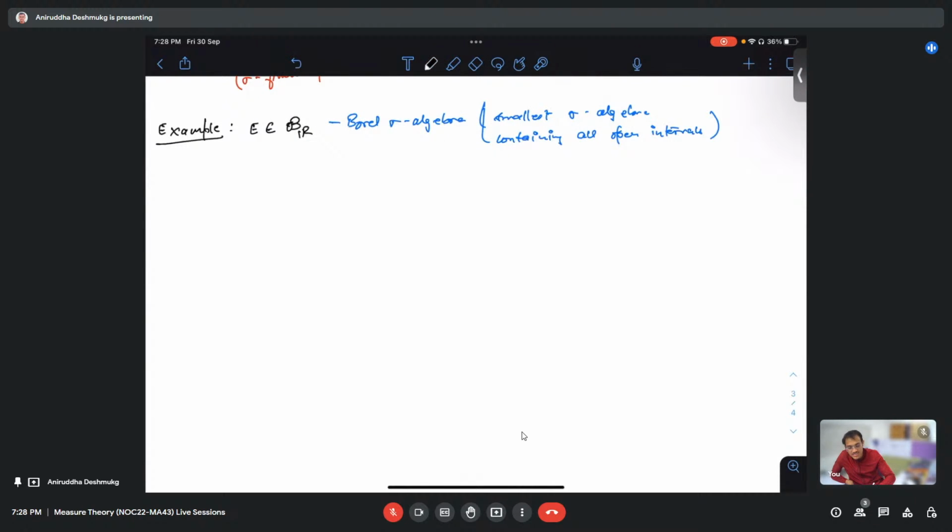Now, given a set E inside this Borel sigma algebra, let us define a set S_E as: look at all those (x,y) in R2, that means R cross R, such that x plus y is inside E.